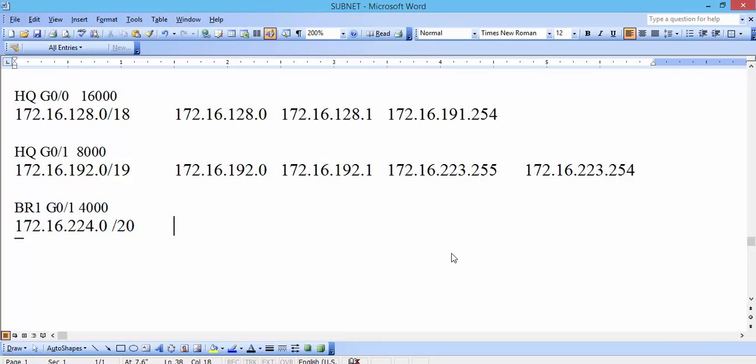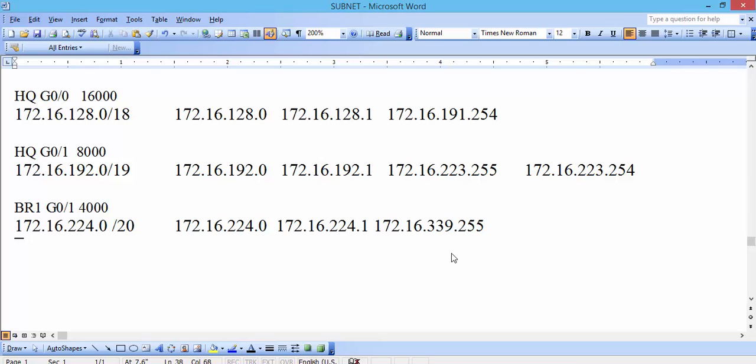And if we use the same mathematics, we get the network address 172.16.224.0, and then our first host address is going to be 172.16.224.1, and the broadcast address is going to be 172.16.239.255.